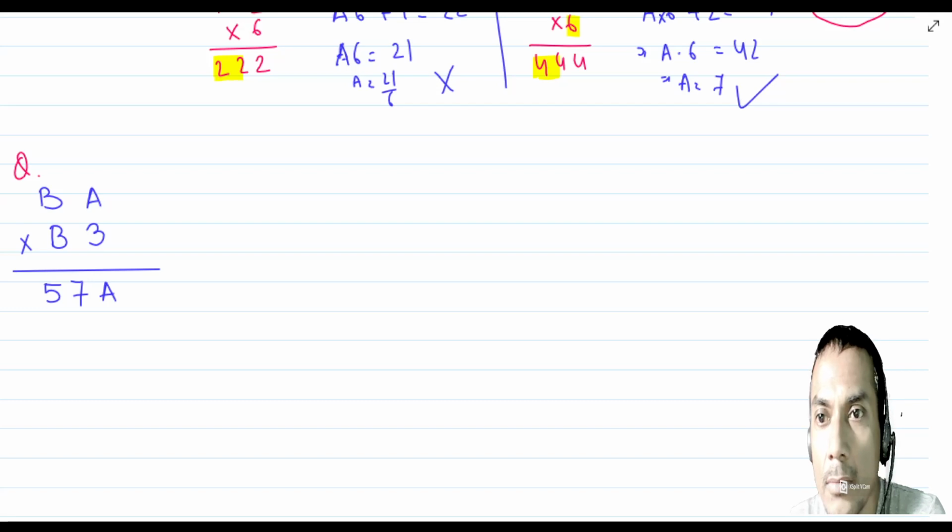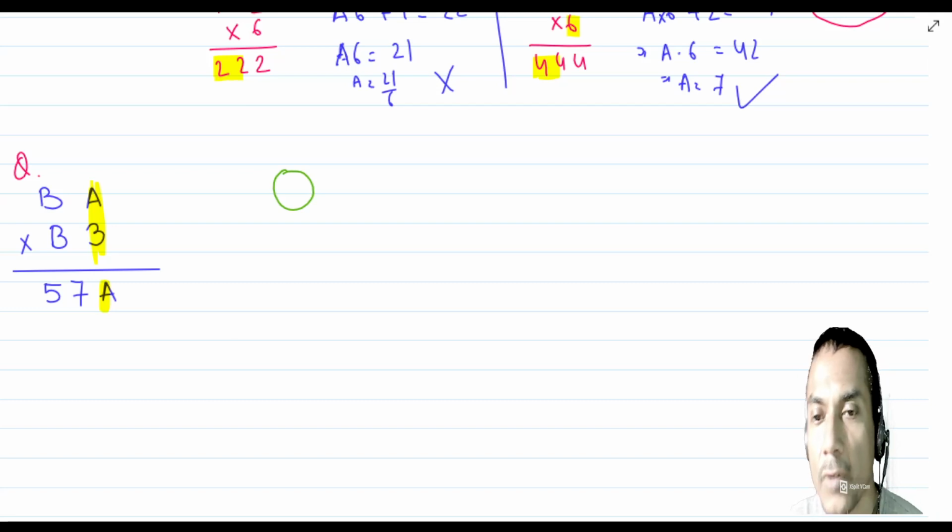But our approach will be from the right side, that is A and 3. We get A. So if we take one empty circle for the A, and multiply with 3, we get another empty circle for the A, right?